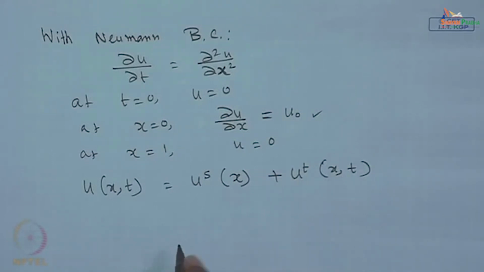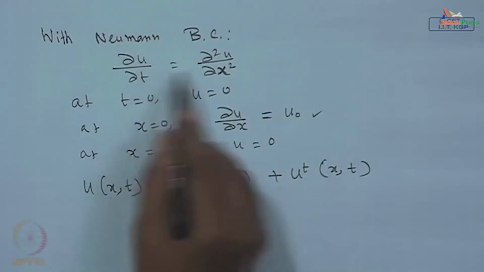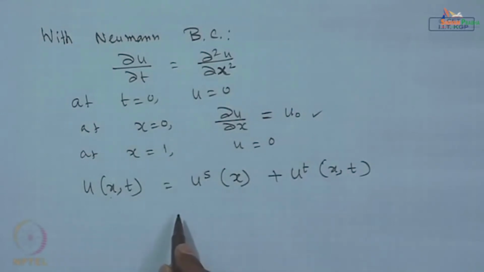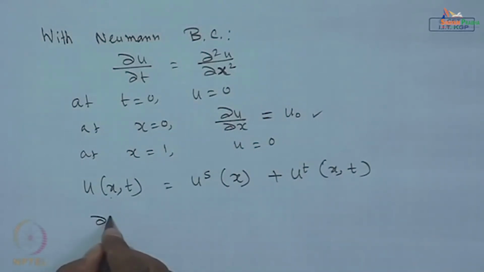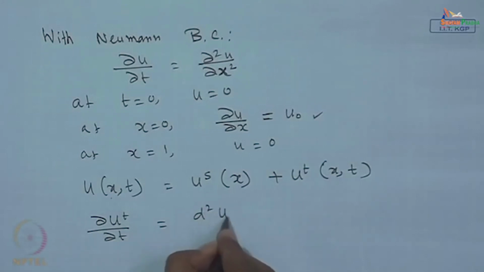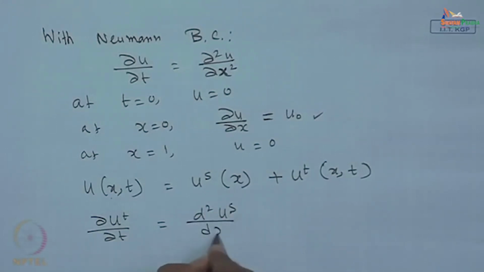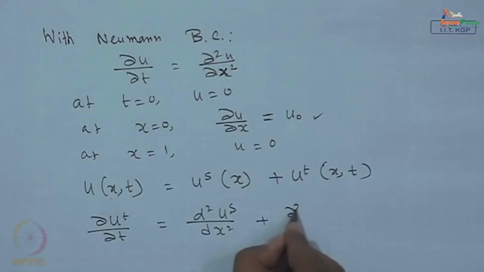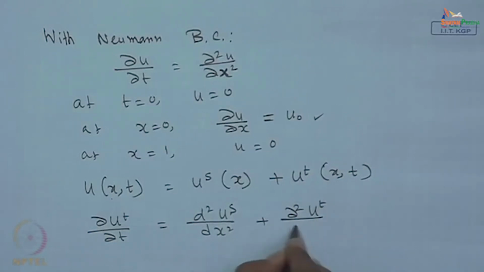So, next we will be putting this in the governing equation and get the governing equation and the boundary condition of both u s and u t. If you do that, you will be getting del u t del t is equal to d square u s dx square plus del square u t del x square.